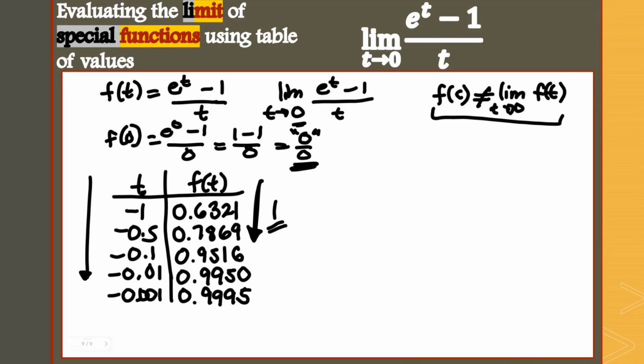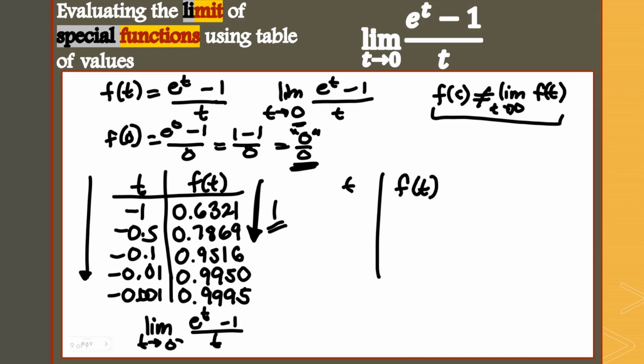Again, this is the limit of e to the power of t minus 1 over t as t approaches 0 from the left. Let us now use the values from the right of t. Since it's still 0, we'll be using the positive of these values. So you have 1, 1/2, 1/10, 100ths, and 1,000ths.